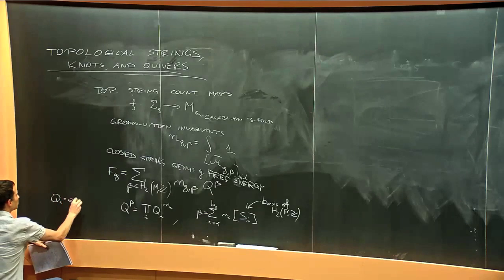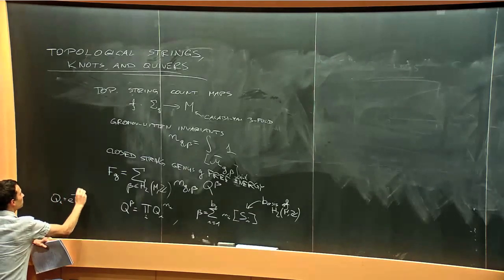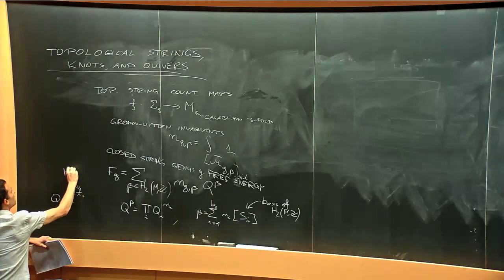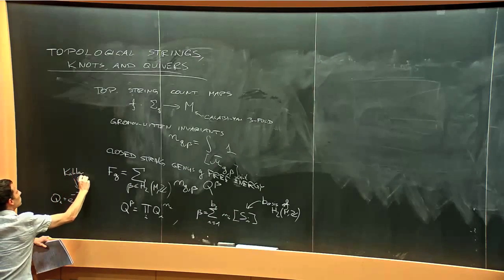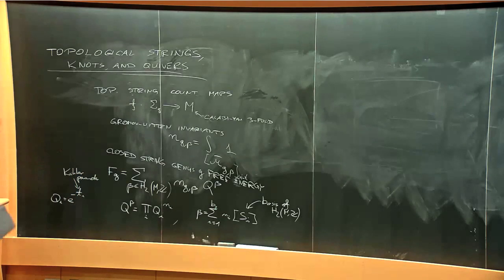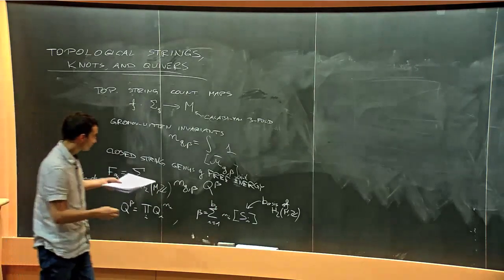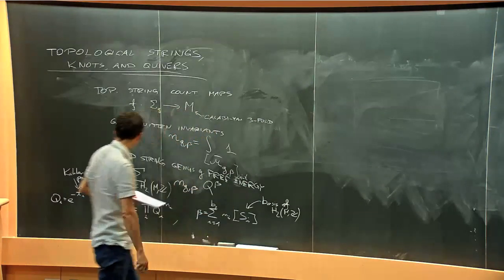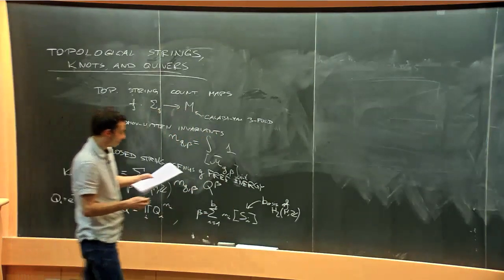So this q_i can be written as exponent of t_i or minus t_i. This is the corresponding Kähler parameter. Here I'm talking about the A model, so this Kähler parameter essentially measures the size of a given basis element. So this is genus g free energy.